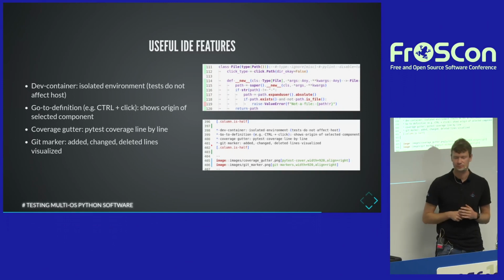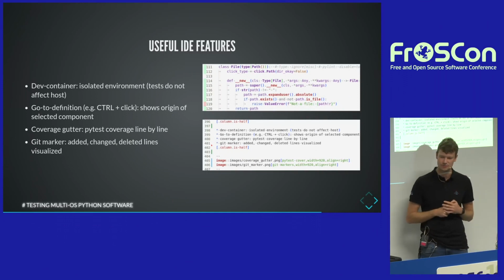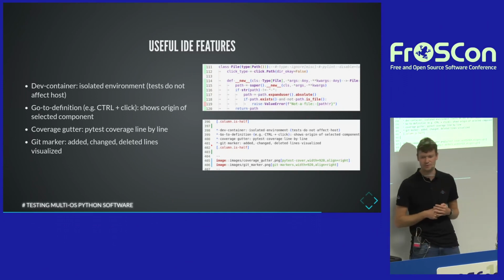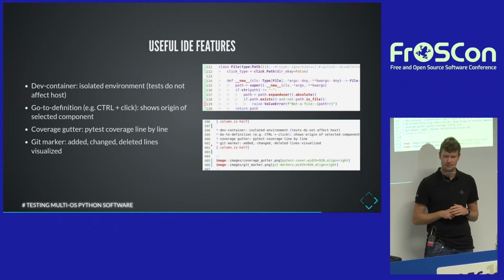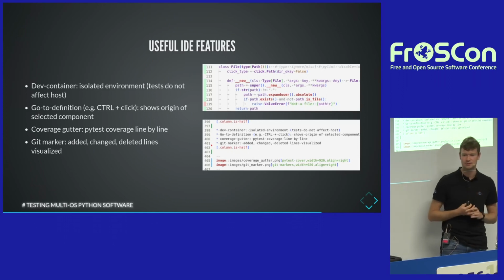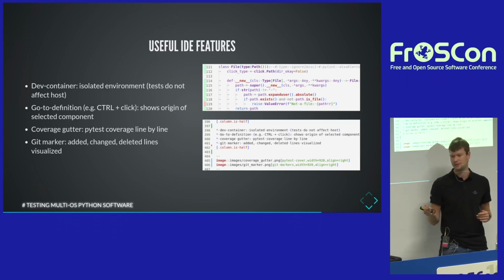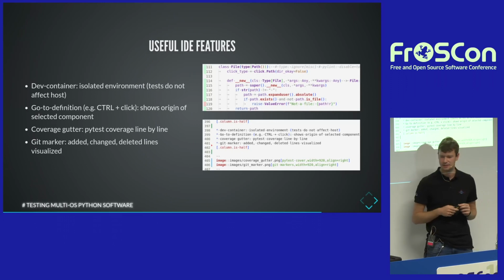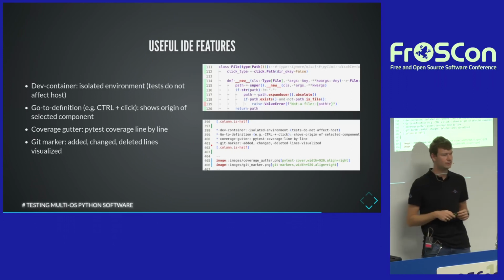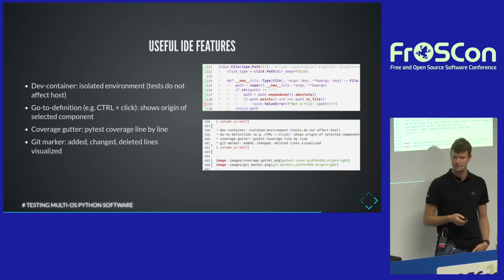If you have an instance of an object, you can find the class definition, the initiation of that object. And this also works for dependencies. If you're using external libraries and a function of that, you can just click on the function and you see the definition of the function, even though it is not within the code you wrote.